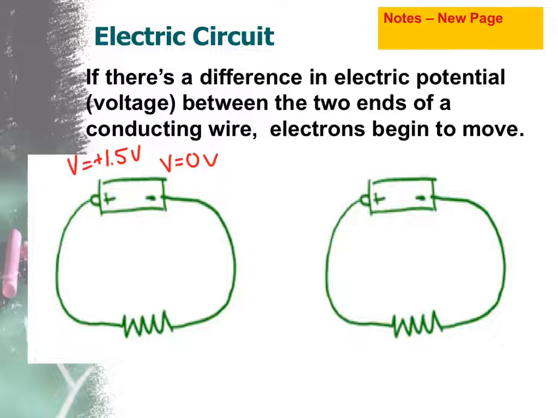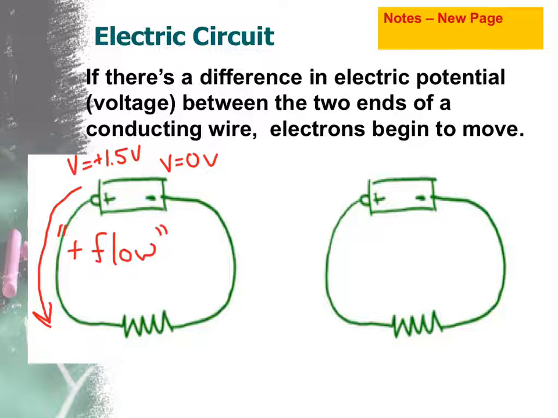So they decided that one thing had a positive charge and another thing had a negative charge. And I think I mentioned that before, but they decided that the positive charge is the thing that does the flowing. We're actually going to give this flow a different name in a second.